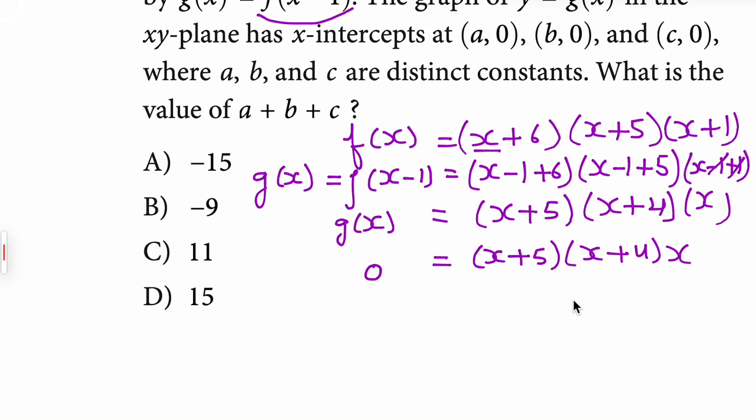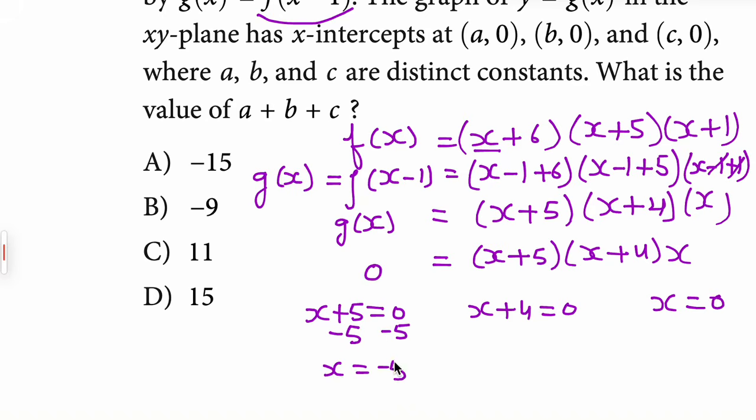Now the 0 property says that if the product is 0, then either of them is 0. So that means either x plus 5 is equal to 0 or x plus 4 is equal to 0 or x itself is equal to 0. So subtracting 5 on both sides, x is equal to negative 5. Subtracting 4 on both sides, x is equal to negative 4 and x is equal to 0.